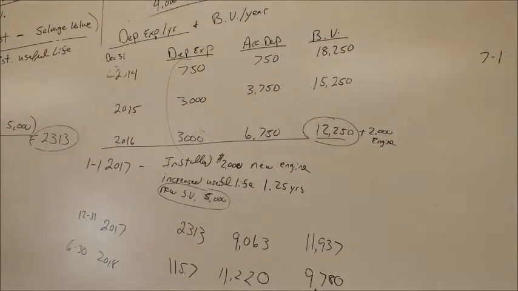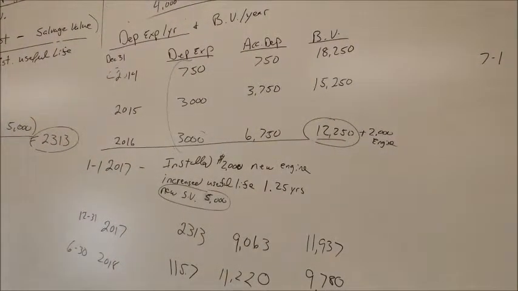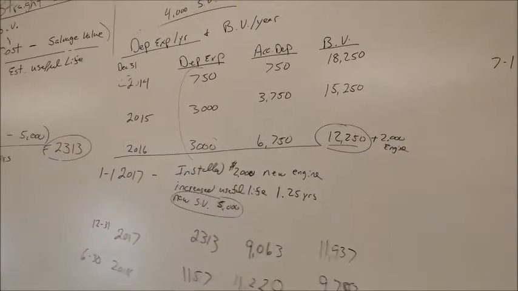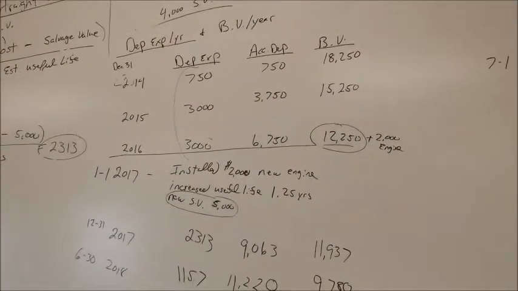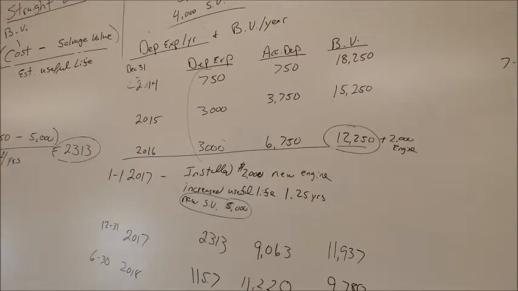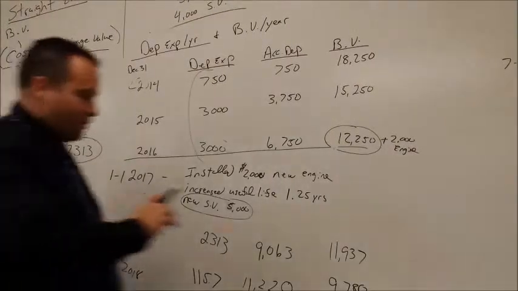Somebody can check my work. I think I did it right. 10,780. Sorry, that's what I got. Yeah, I got 10,220. Yeah, it's 10,220. Okay, thank you.